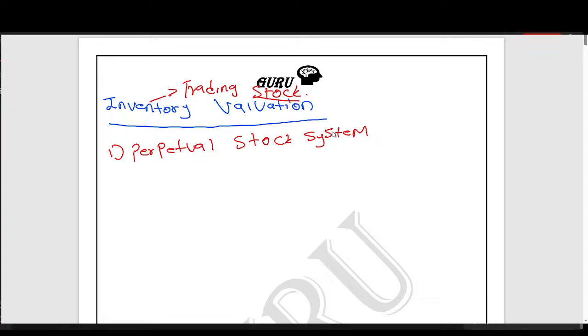So the first system we talk about here is the perpetual stock system. What does the word perpetual mean? Before we talk about the stock, because already we know what a stock is, already we know what a system is, but what does this word perpetual tell us? The word perpetual means repeated.